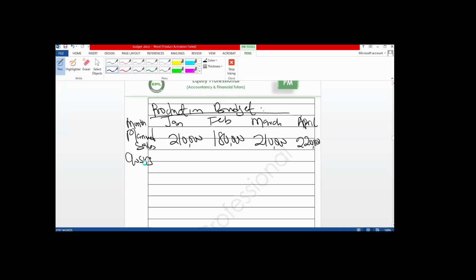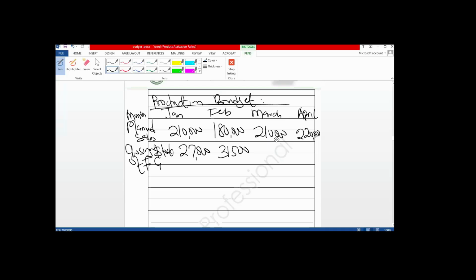Your closing stock of finished goods, examiner says, is 15% of following month's budgeted sales. 15% of 180 gives us 27. 15% of 210 gives us 31,500. 15% of 220 gives us 33. For April, 15% for May gives us 30,000.